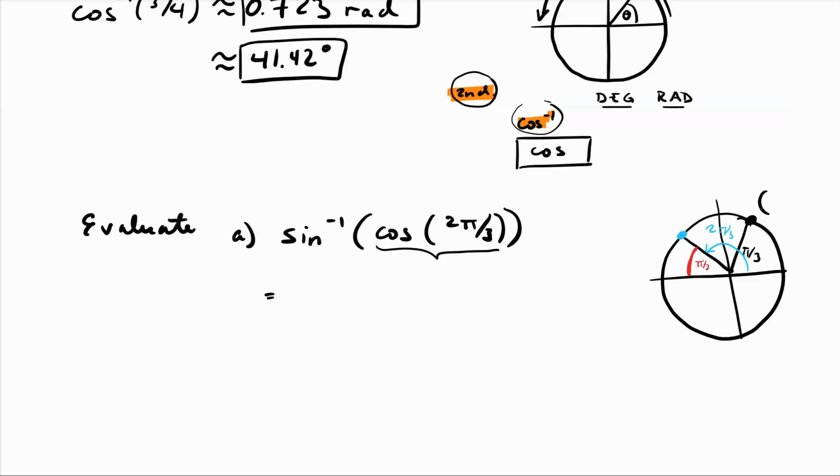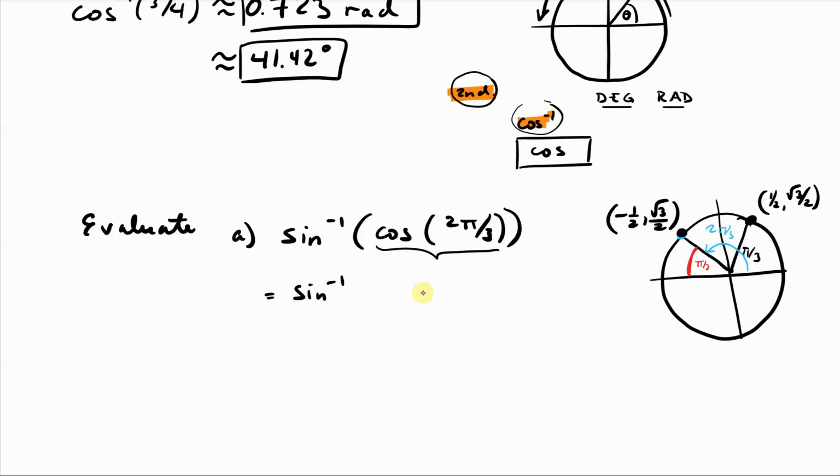For the reference angle, the coordinates are 1/2, root 3 over 2. And the coordinates of the point for our given angle, 2 pi over 3, are plus or minus the coordinates of our reference angle. But because we're in the second quadrant, the x coordinate is negative, but the y coordinate stays the same. So the cosine is the x coordinate, minus 1/2.